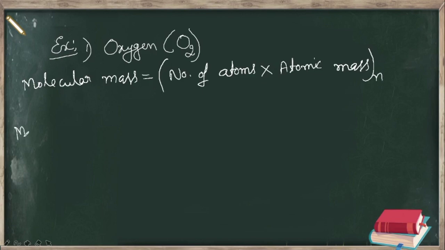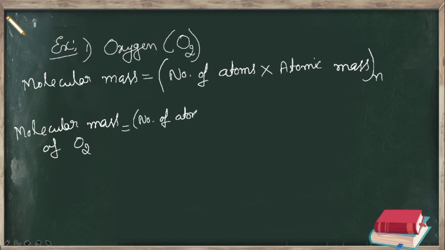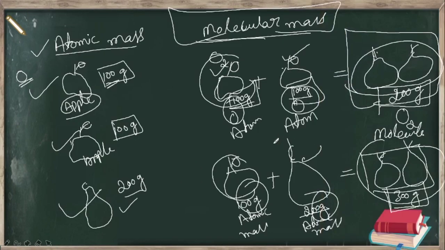Yeah. Now we are finding the molecular mass of oxygen, which is equal to, I will take the formula here, number of atoms of oxygen into atomic mass of oxygen. So what is the atomic mass of oxygen? Do you know that?